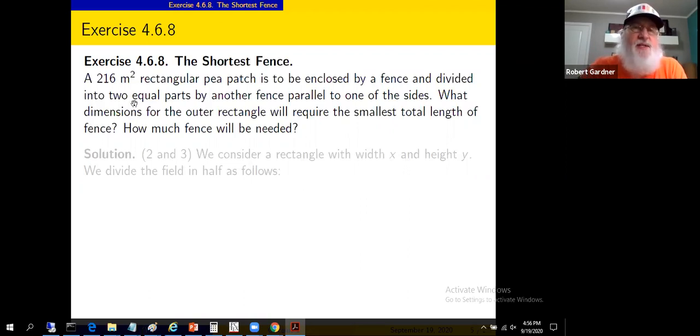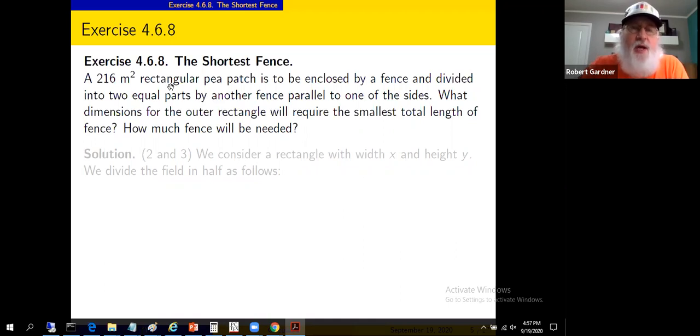A 216 square meter rectangular pea patch is to be enclosed by a fence and divided into 2 equal parts by another fence parallel to one of the sides. So in your mind, you're trying to draw a picture that elaborates on that. First off, they gave us the area this time. Last time they gave us the perimeter.